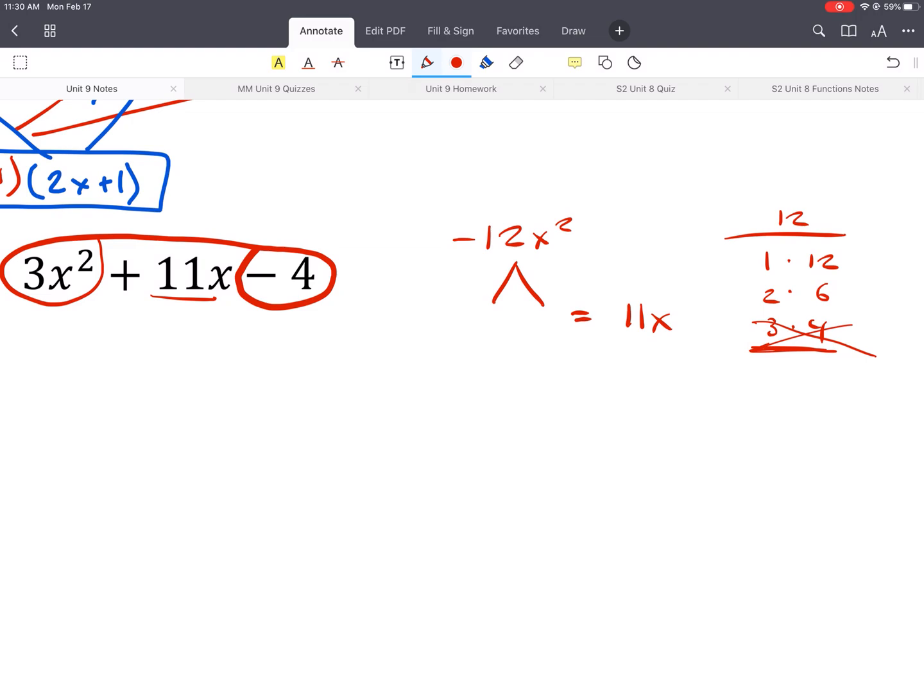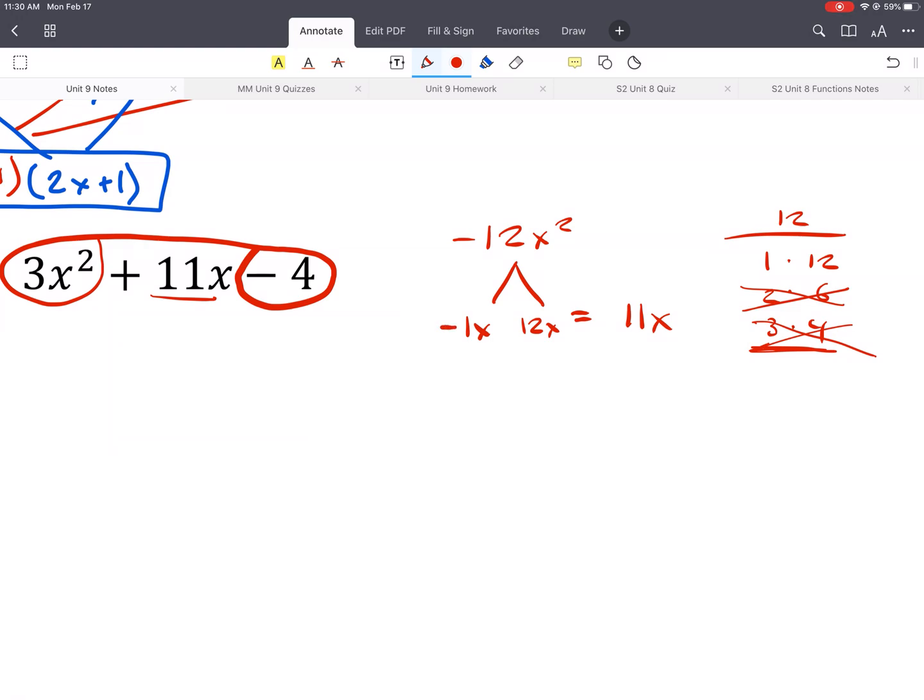2 and 6, if you added those together, that only gives us 8. So there's no way we can get up to 11 there. But 1 and 12, we sure can. So if we had 1x and 12x, which of those two need to be negative to get a positive 11?